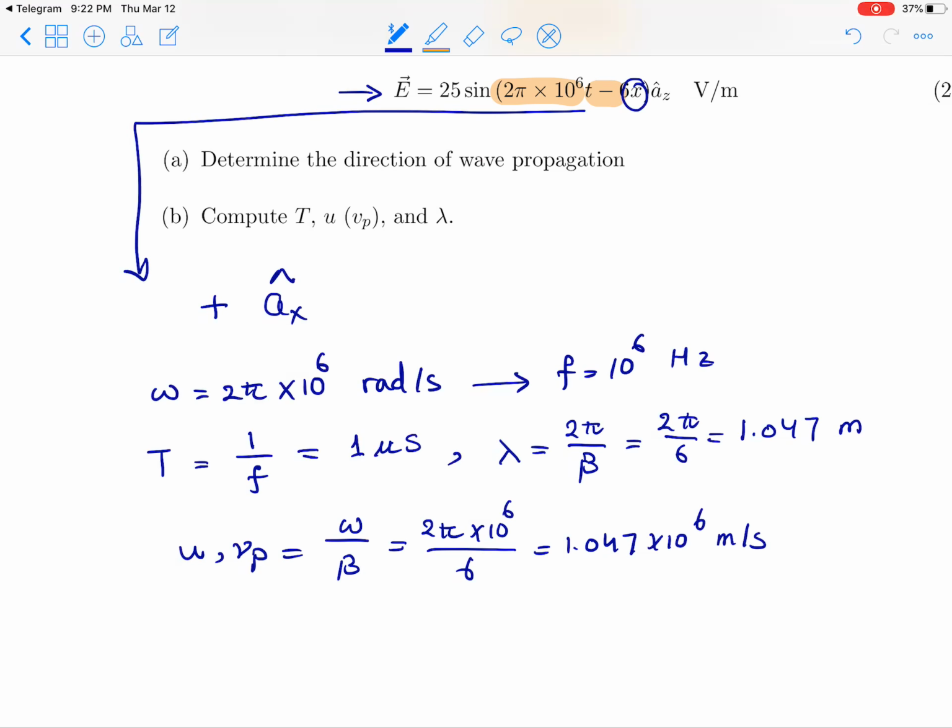We see here that the propagation medium is not free space. Otherwise, if epsilon relative equals 1, and of course mu relative equals 1, u should be 3 times 10 to the power 8 meters per second.